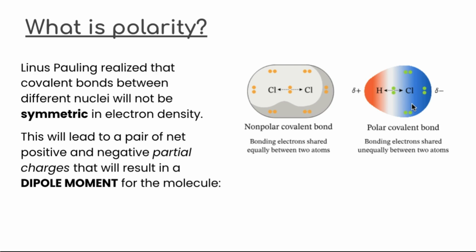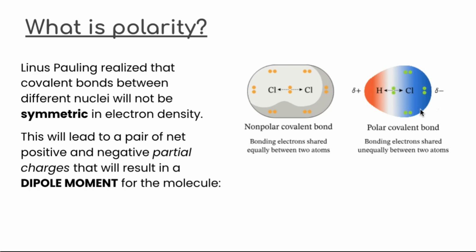The electrons are not going to be shared equally. This difference between the location of the electrons is what we call a dipole moment, that is going to have a part that is positive with few electrons on the side of hydrogen, and a part that is negative because we have a lot of electrons because of the chlorine.